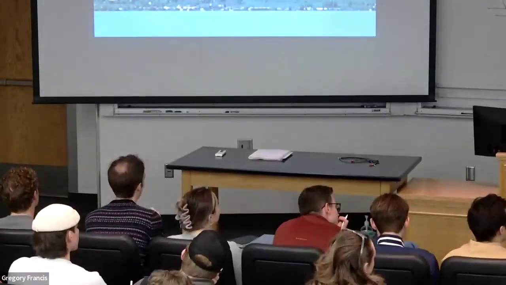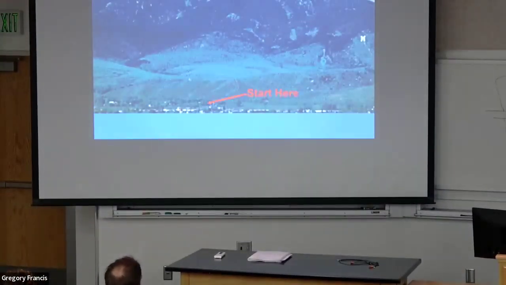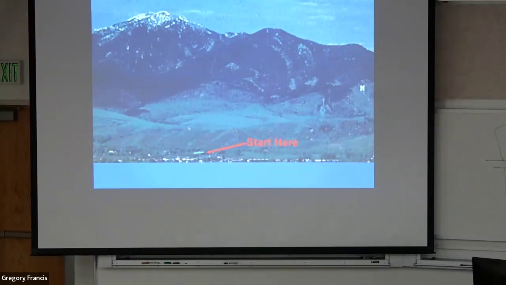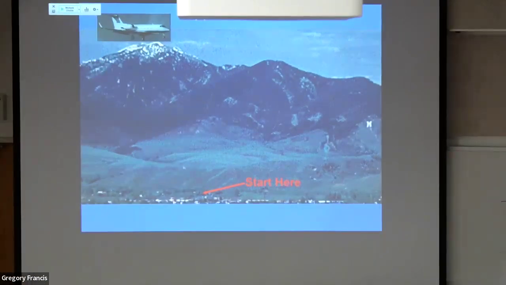Okay, now we're going to go on this field trip, and we're going to start here on campus, and a magical plane is going to come and pick us all up, and through a process that we cannot possibly fully understand, deliver us on top of that mountain.